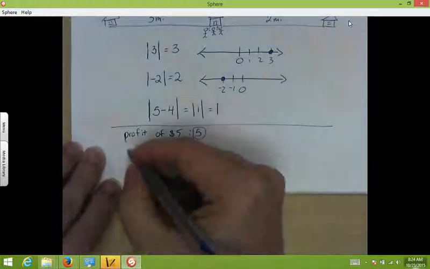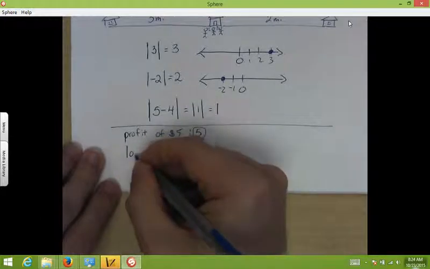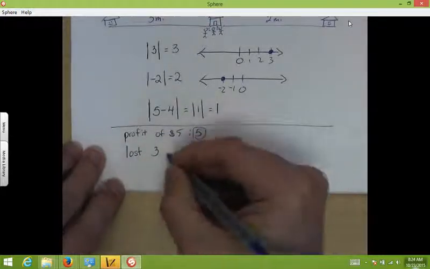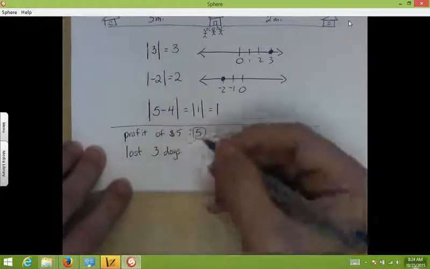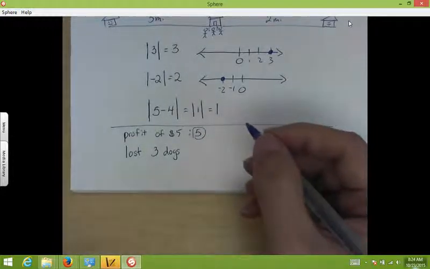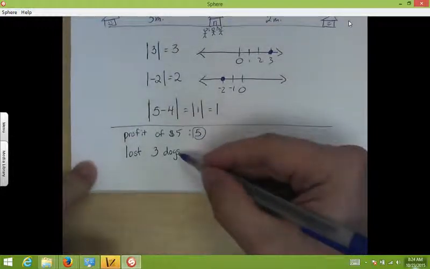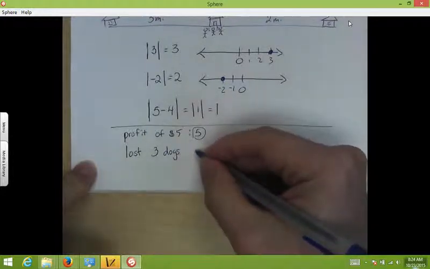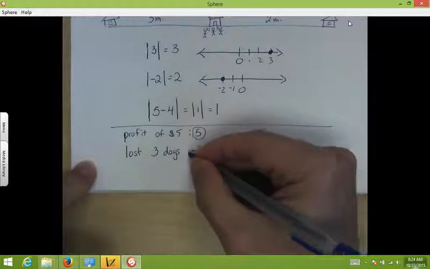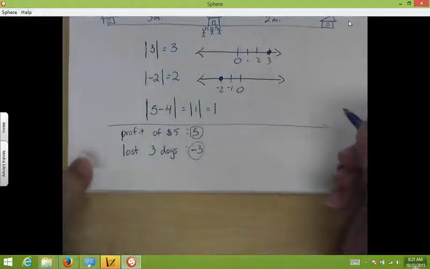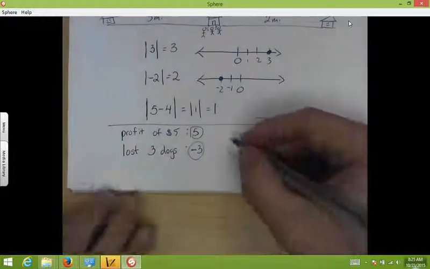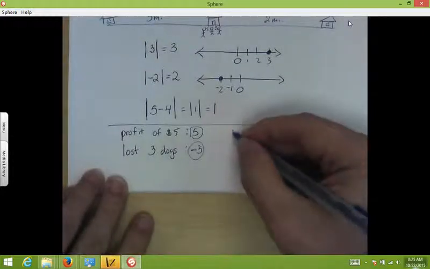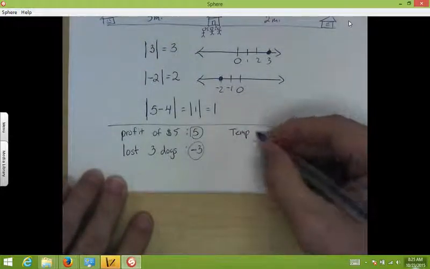Let's say you lost 3 dogs. I don't know, you were walking all your dogs, you lost 3 of them. Does that mean the number of dogs you had went up or went down? Down. So if something goes down, that's negative. When you lost 3 dogs, we'd write that as -3. Let's say the temperature is 65 degrees.